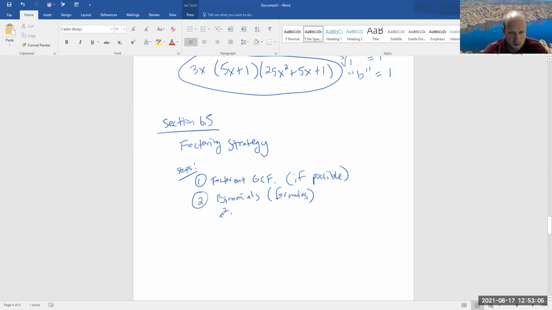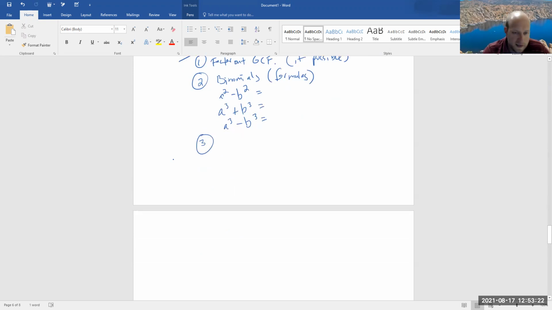And so those were when we had the difference of squares, we had the sum of cubes, and we had the difference of cubes. Okay, so that's another thing to look for when you factor. And then the third one was our trinomials. Okay, so we had, when it was just a 1 out front, so x squared plus bx plus c, or then the ax squared plus bx plus c.